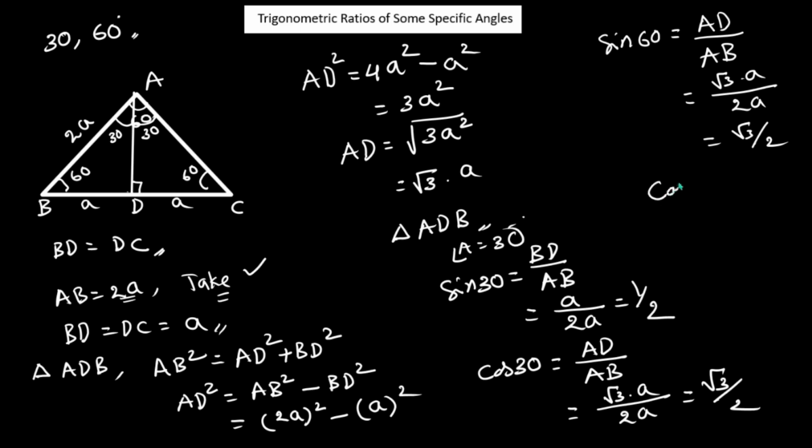For cos 60, the adjacent side is BD and the hypotenuse is AB. BD is A and the hypotenuse is 2A, so we get 1 by 2. Now we have derived the ratios for sine 30, cos 30, sine 60 and cos 60.